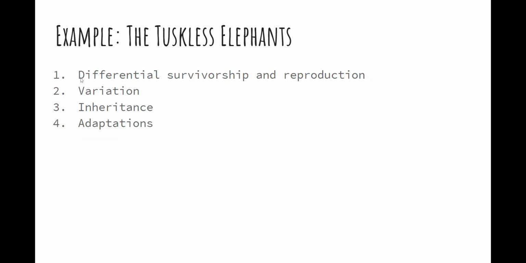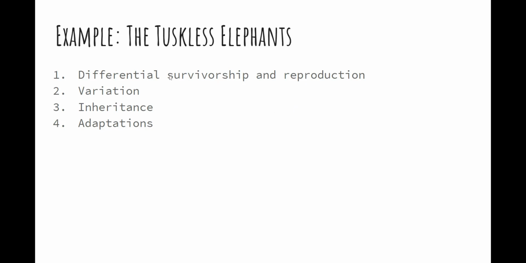So our first one, our big one, differential survivorship and reproduction. These elephants in Mozambique, during a civil war in the area, a lot of them were hunted for their ivory. They were poached for their ivory.